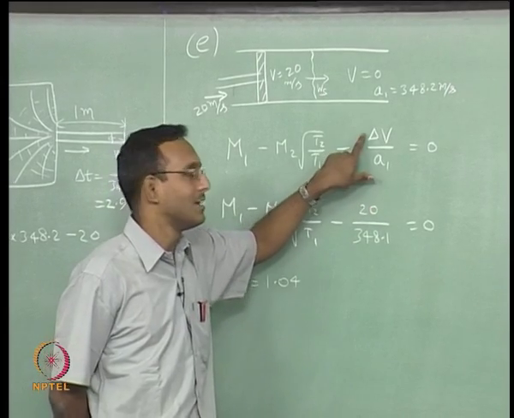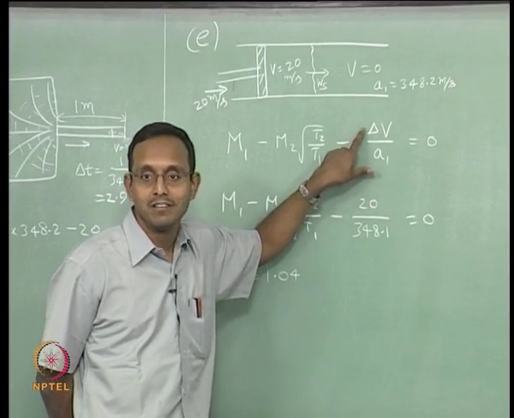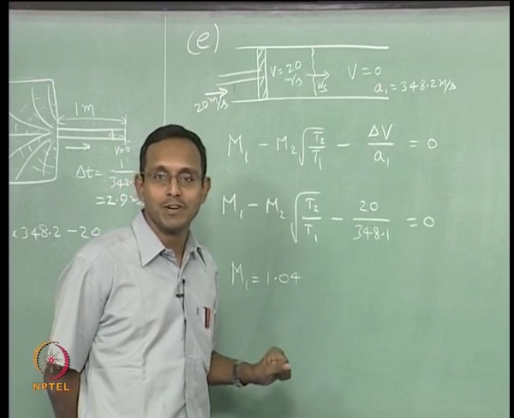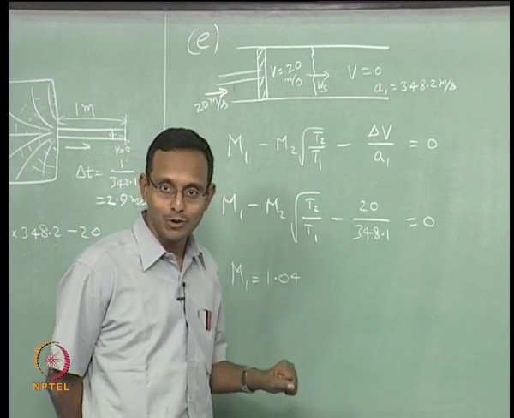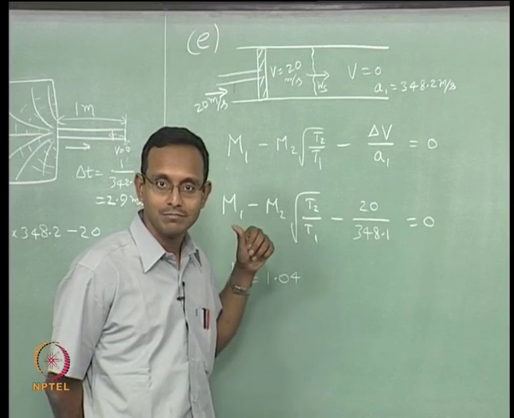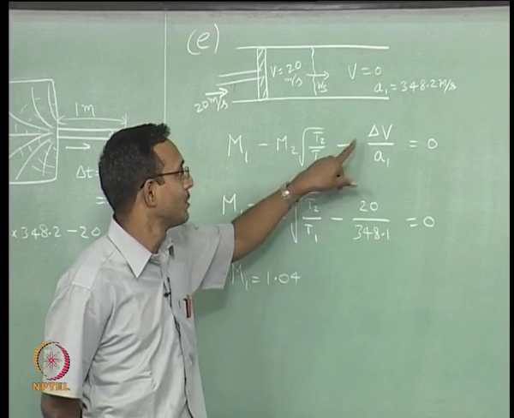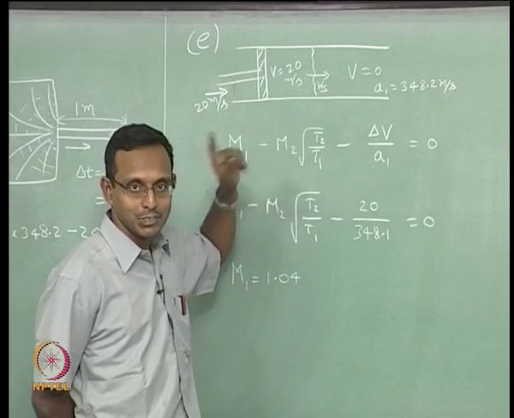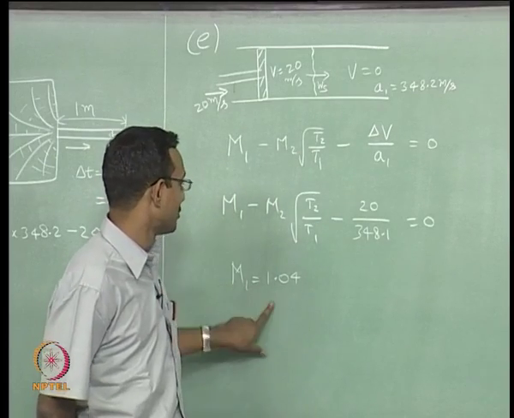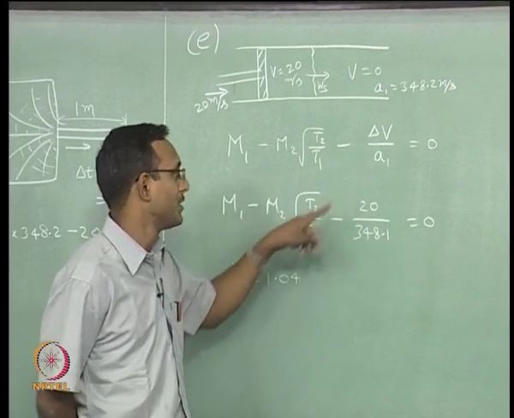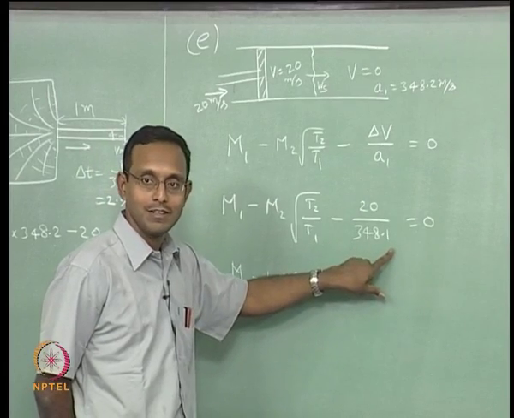If I want to make a delta V of so much change, I do not care whether V1 is 100 meter per second or 0 or minus 2000 meter per second. If I tell you that I want to change the velocity by 20, the shock that is needed will be 1.04 if I assume A1 is 348.1.